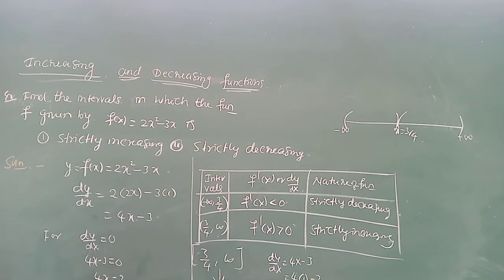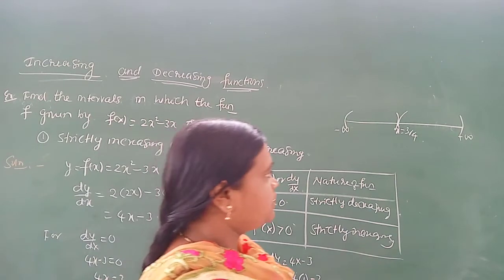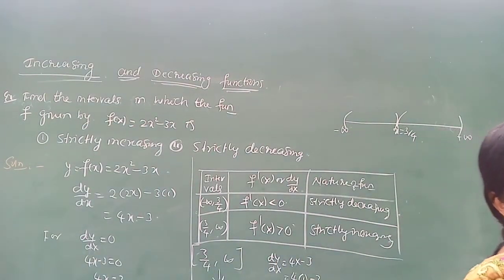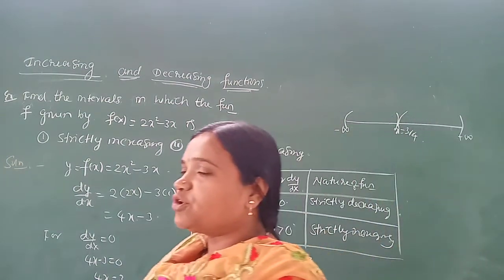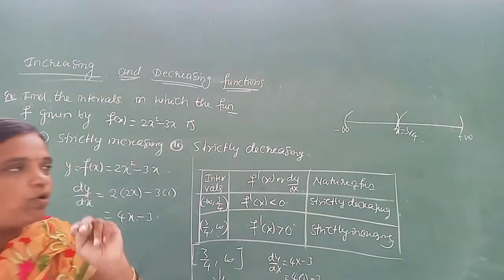The example pattern is, see, first take f of x, do the differentiation, next calculate the critical point, and in that critical point, we are applying the real number system, that is minus infinity to plus infinity. Therefore, how many points exist? 2 points exist.